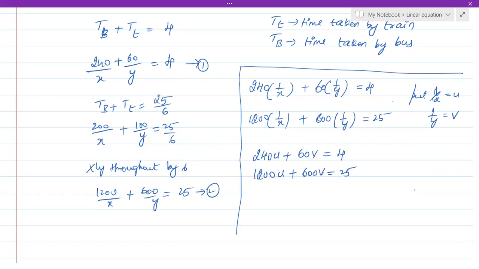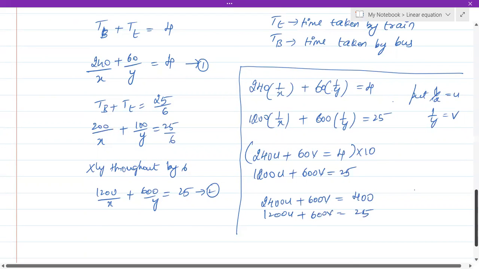Let's solve for u because it is very easy. The LCM of 60 and 600 is 600 itself, so I have to just multiply the first equation by 10. It will become 2400 u plus 600 v equals 400, and 1200 u plus 600 v equals 25.